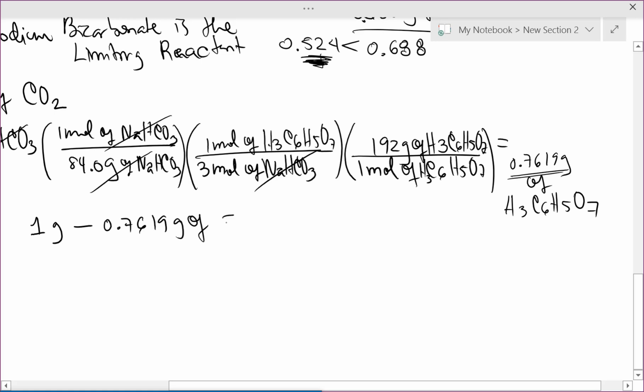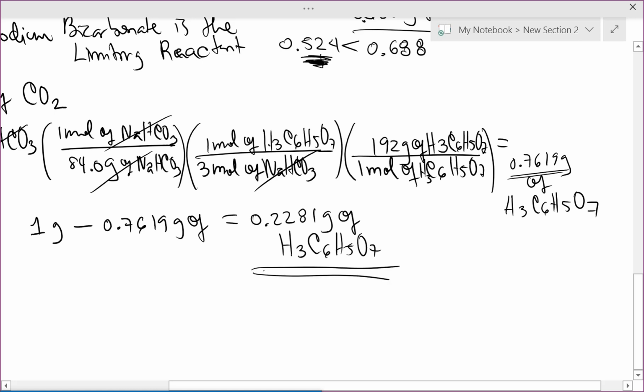So this is equal to 0.2281 grams of H3C6H5O7. This is the answer for part C. The grams of citric acid that remain after the reaction was completed.